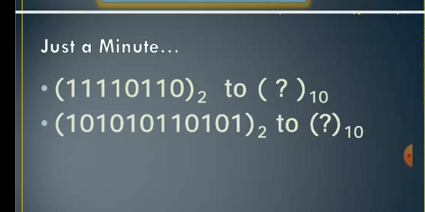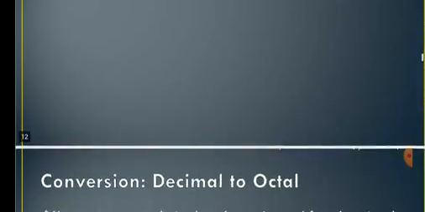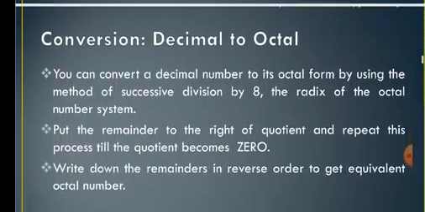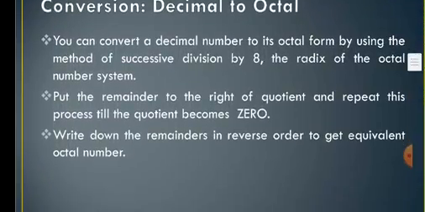This is the common procedure to be used for converting from binary to decimal. Now we'll move on to the next thing, how to convert decimal to octal. Decimal to, as I said already, wherever you have decimal to, we have to use the division procedure.